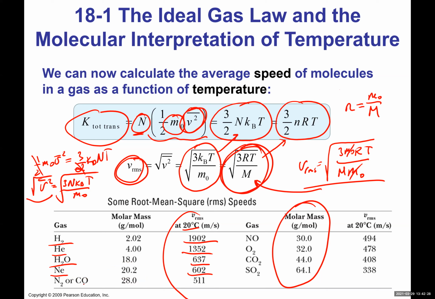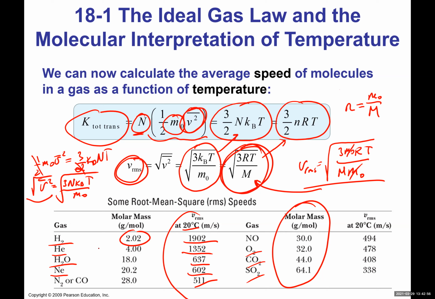Then a nitrogen molecule or carbon dioxide, and you have 511. So you can see, the heavier the element, the slower it is moving. As you go heavier and heavier, the speed is slower. That comes directly from the molar mass. The smaller the molar mass, the faster the speed.